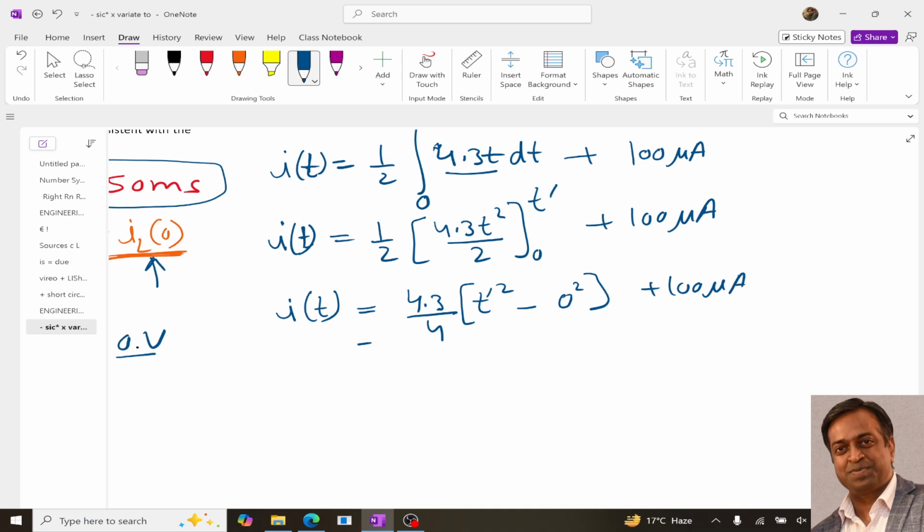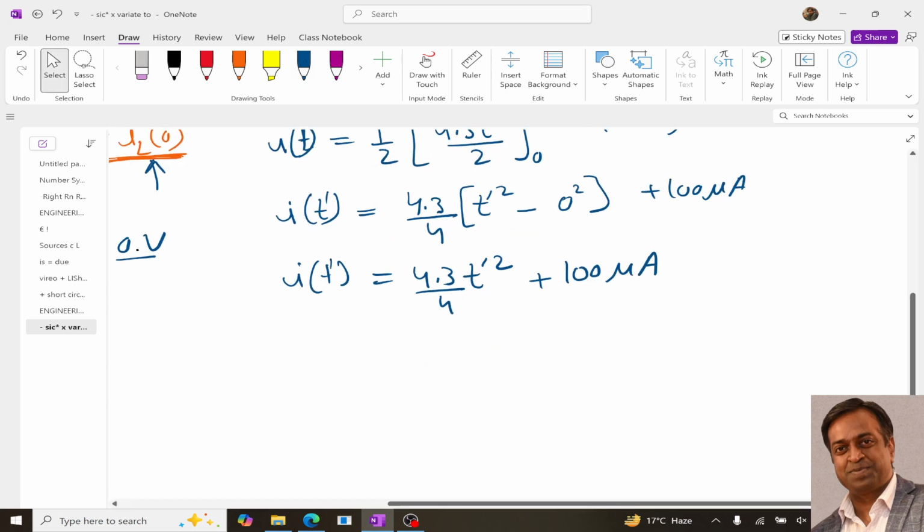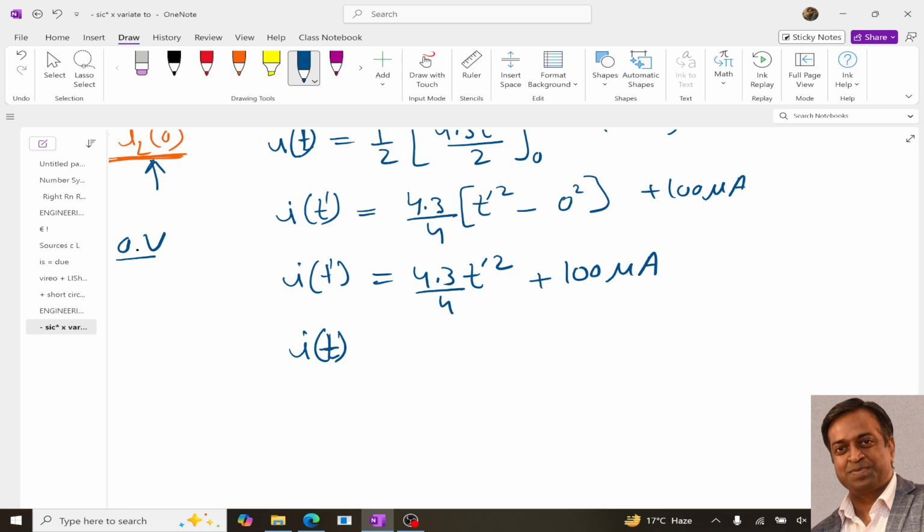So i(t) is 4.3 upon 4 t dash squared plus 100 microamperes. Simply replacing t dash with t, we can write the general expression for the current.